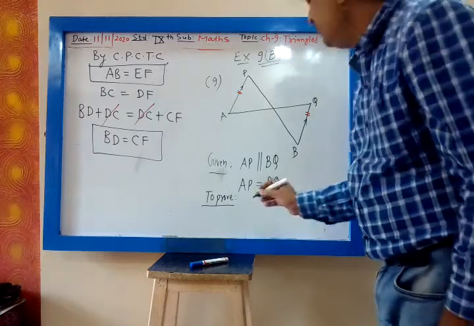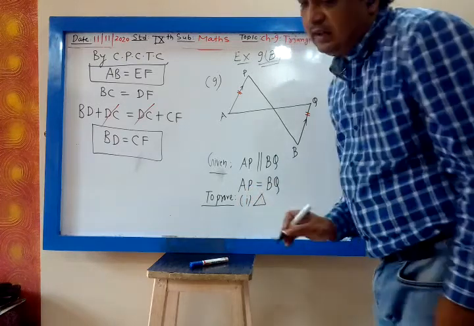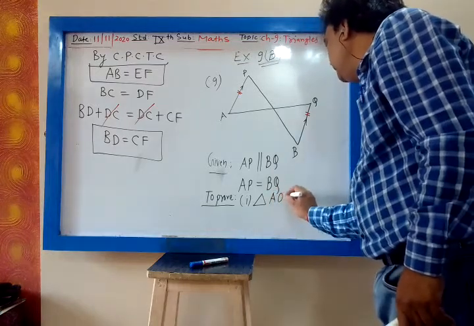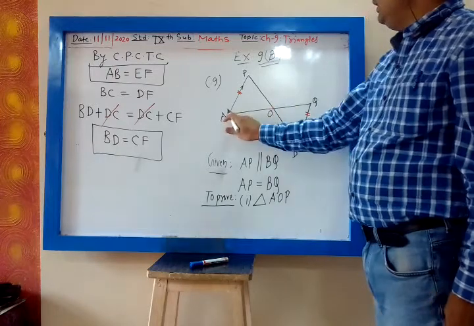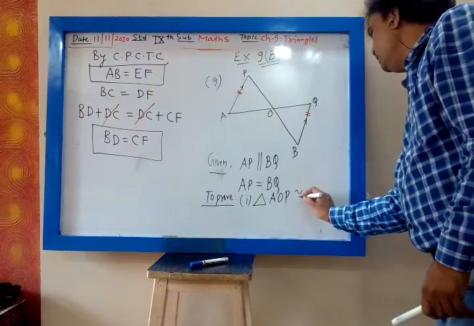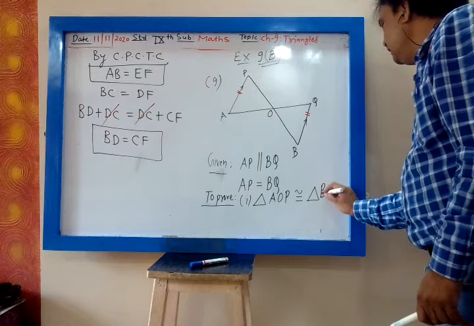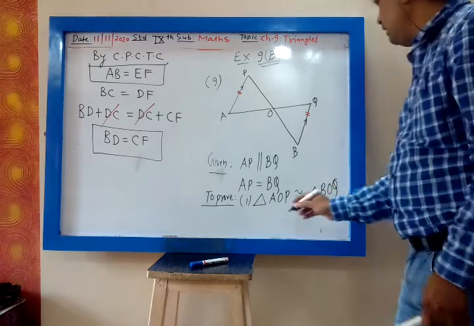To prove, first triangle AOP, this is O. Triangle AOP is congruent to triangle BOQ.